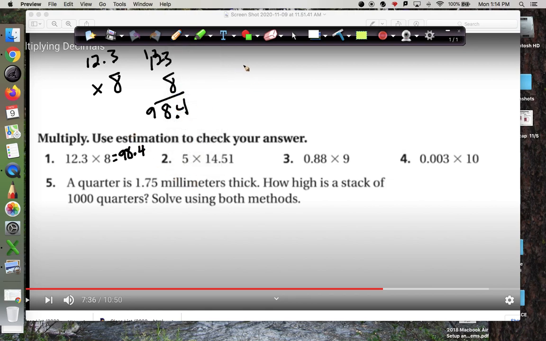Then let's do 5 times 14.51. I'm going to multiply that by 100. So it's 1,451 times 5.